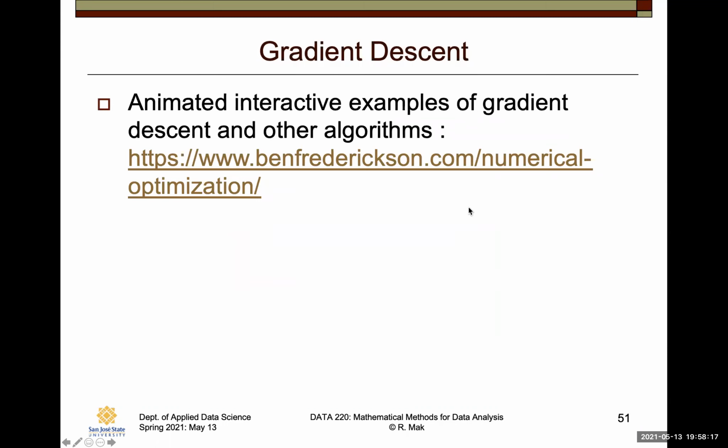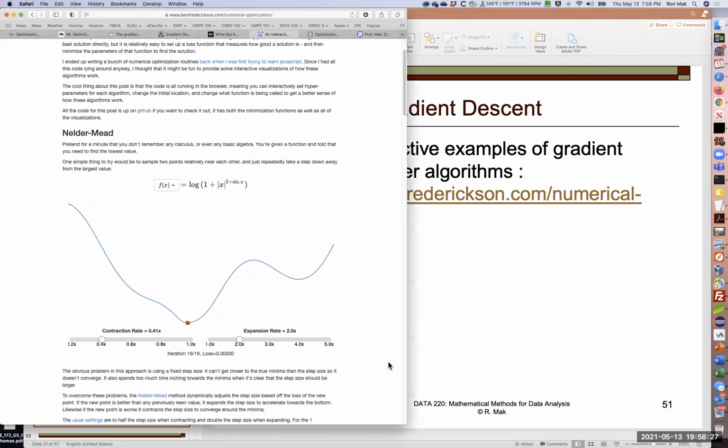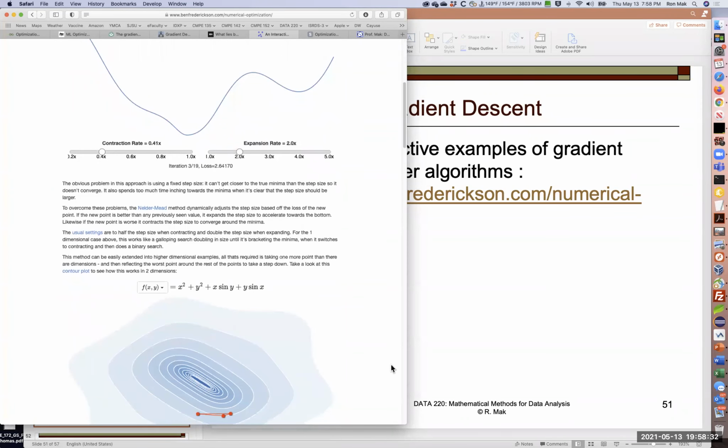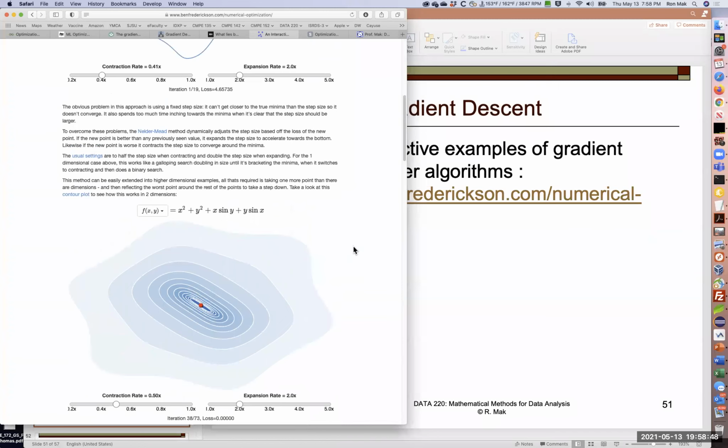Now again, there are some very nice animations, so let's go back to that web page. So this is doing a gradient descent. Is it the minimum or maximum? I forget which way. It doesn't really matter, the algorithm's the same.